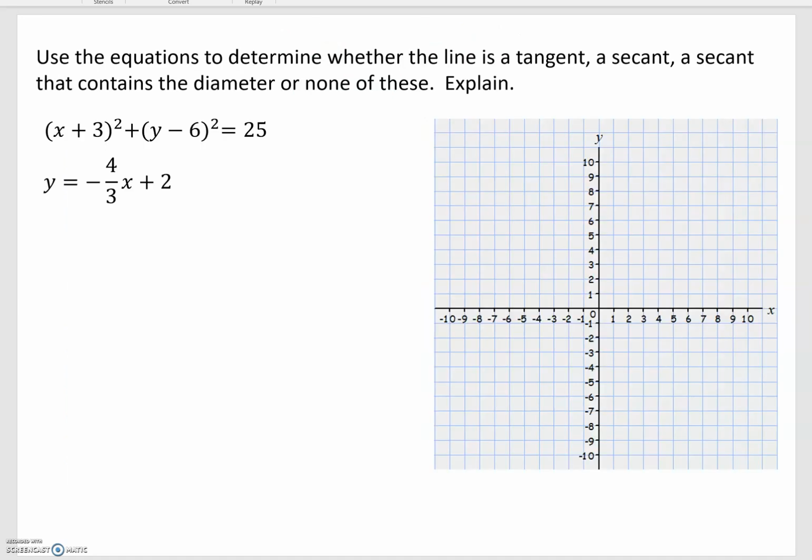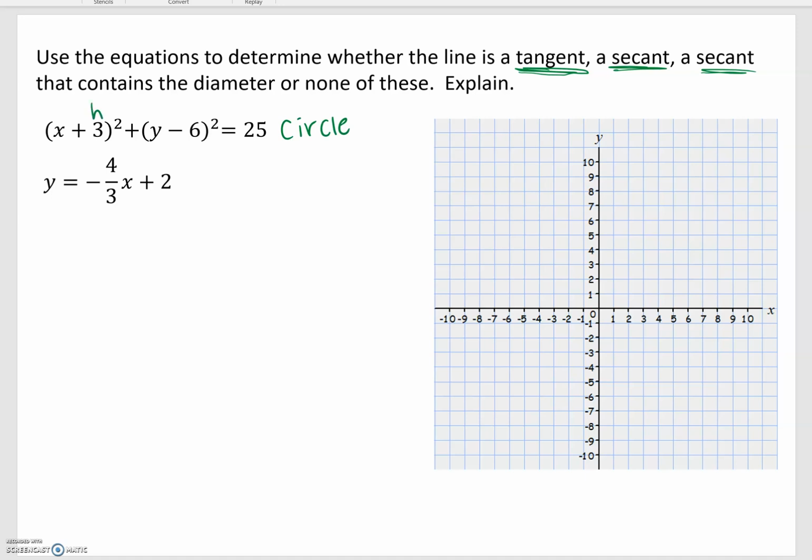For our last example, we're going to use what we know about the equation of a circle and what we know about our vocab terms from this chapter. So it says use the equations to determine whether the line is a tangent, a secant, or a secant that contains the diameter, or none of these, and explain. So first thing that we're going to do is actually graph this circle.